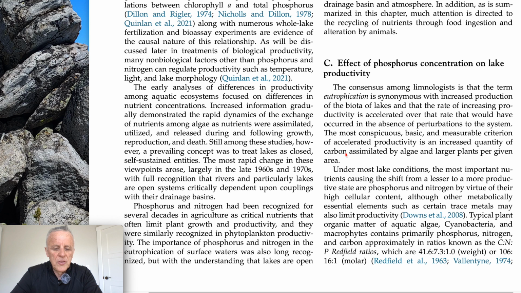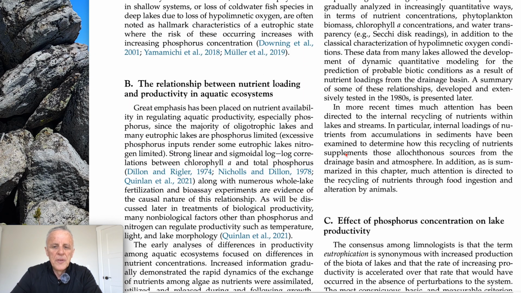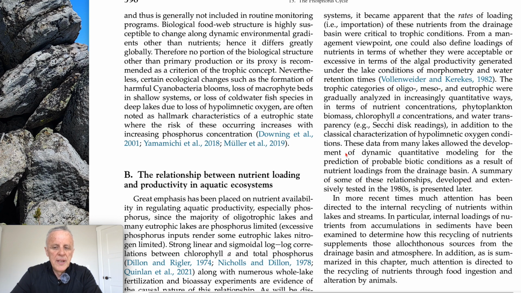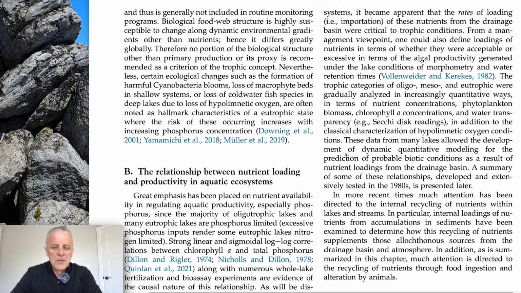The importance of phosphorus and nitrogen in the eutrophication of surface waters was also long recognized, but with the understanding that lakes are open systems, it became apparent that the rates of loadings of these nutrients from the drainage basin were critical to trophic conditions.